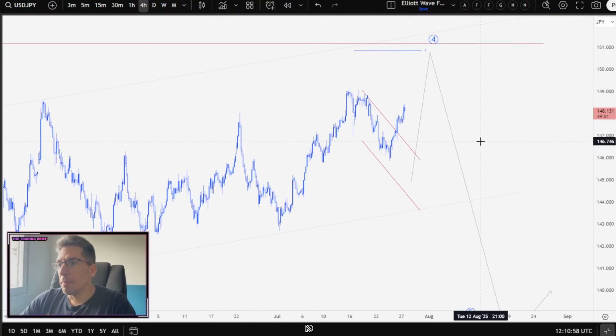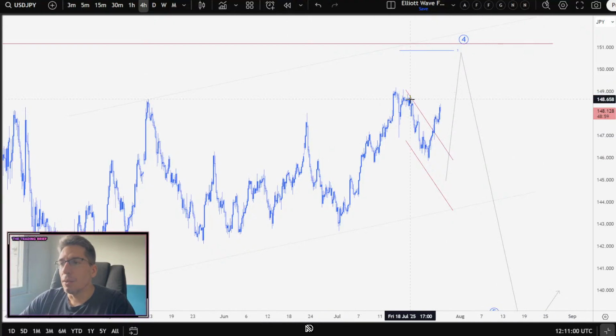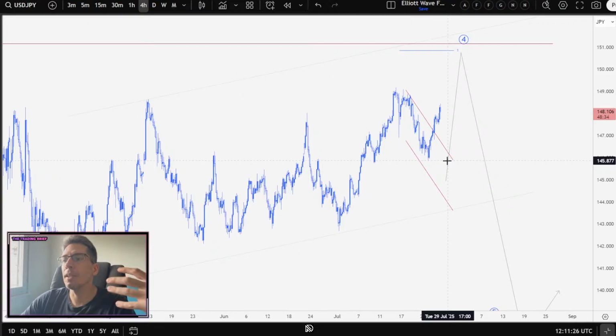Dollar yen, doing exactly what we want. We took the flag out. We are moving higher. We didn't take that high at 149.18, but the market is moving nicely. So this can be an okay opportunity as a day trade to look for a pullback here while using that low at 145.87 as your stop loss invalidation, however you want to call it.